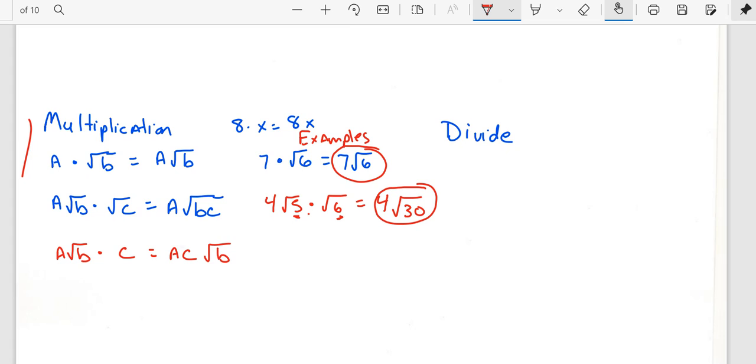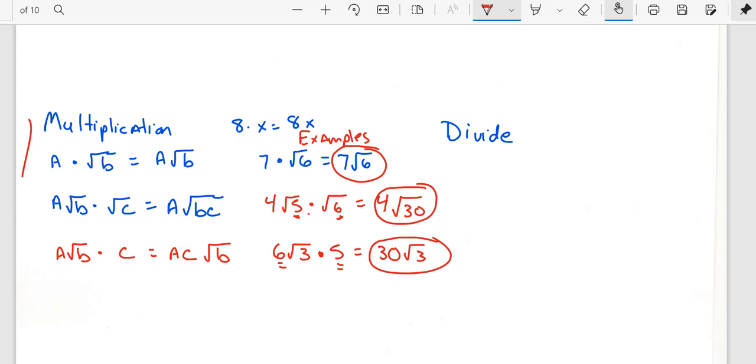So we would have something like, for example, 6 root 3 times 5. In this case, this would be 30 root 3, because we can multiply these because they're both outside the radical, and the 3 would have to stay by itself. We cannot multiply that 3 by the 5 because it's not under the radical. All right, so this would be our answer for that.